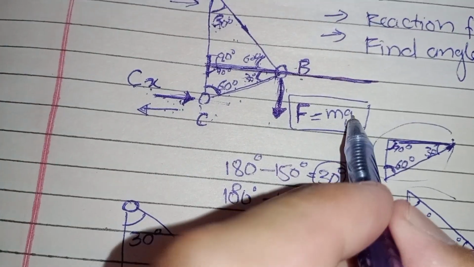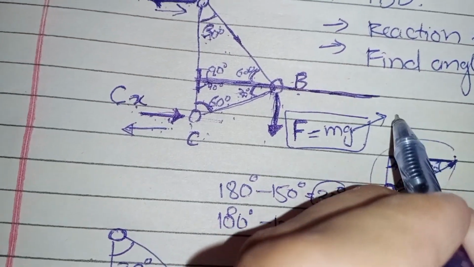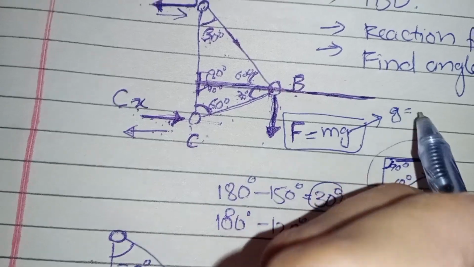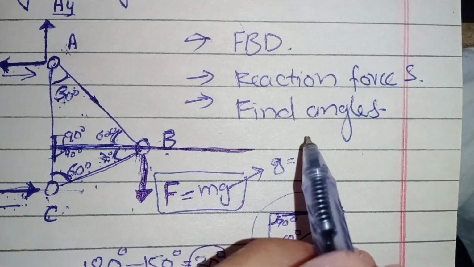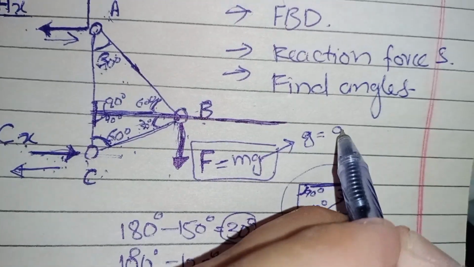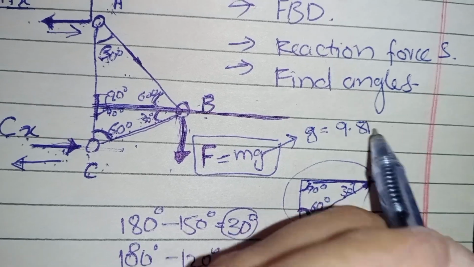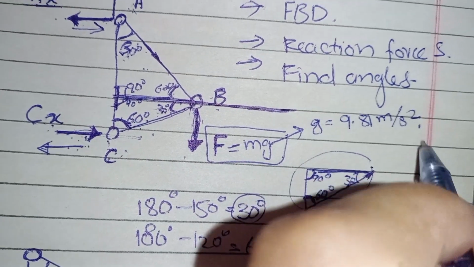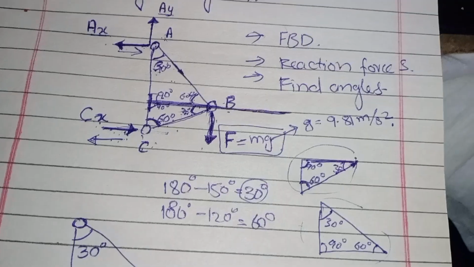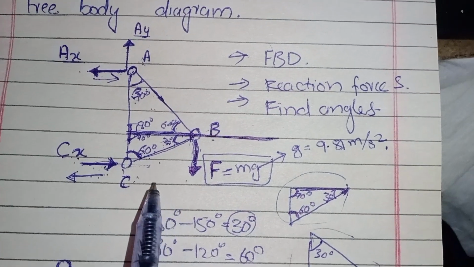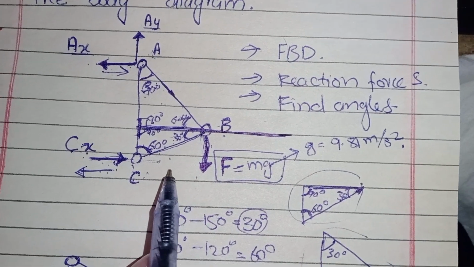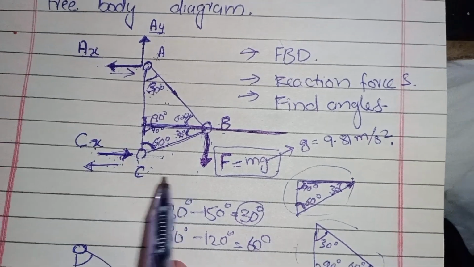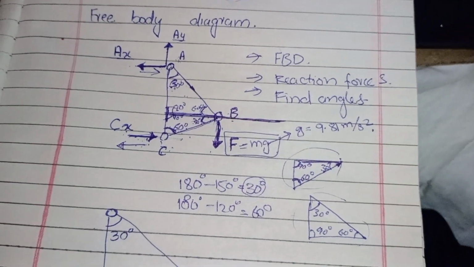So you also know that g will be equal to 9.81 meters per second square. Now we will determine the forces of the truss members using the joint method.